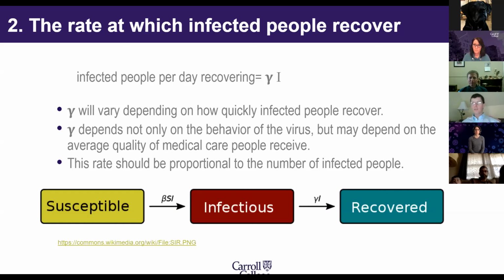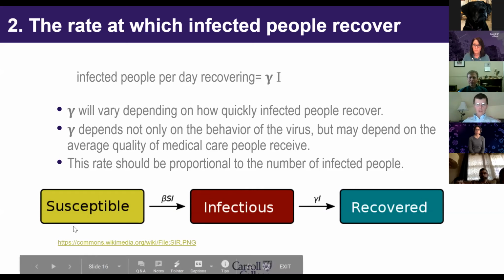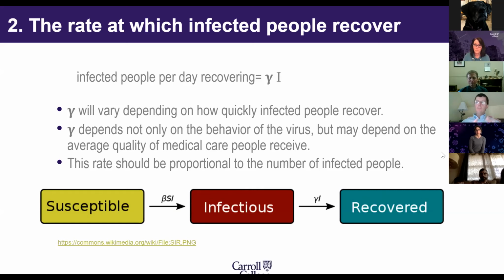If it's better, they'll be getting better more quickly, hopefully. And so again, the idea is to create a very simple model. So we put all our people in one of these 3 categories, and now we have described some very simple assumptions we can make about how quickly they move from one category to another.